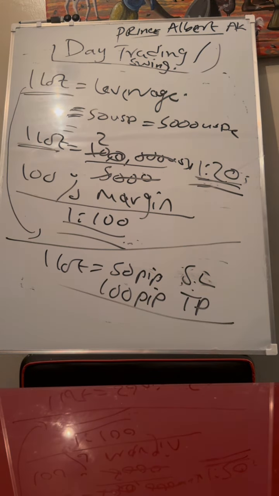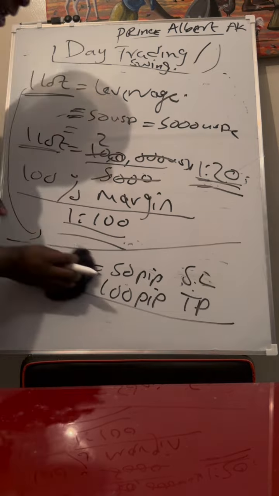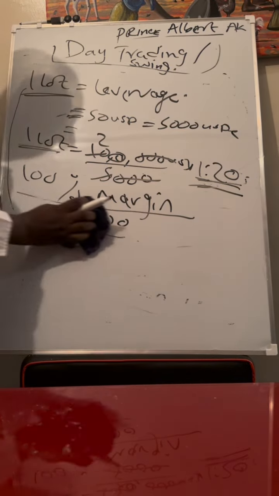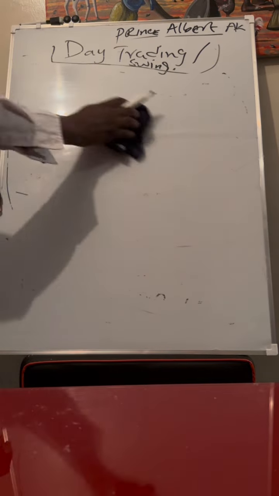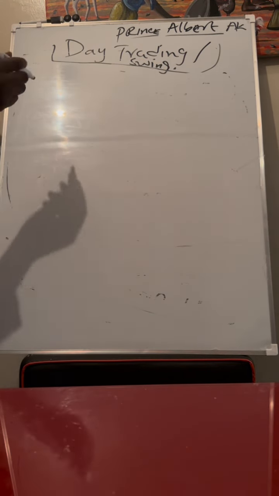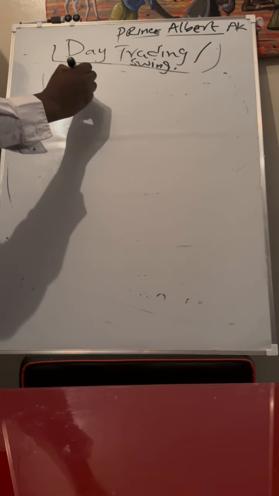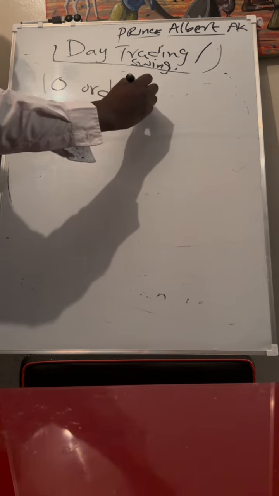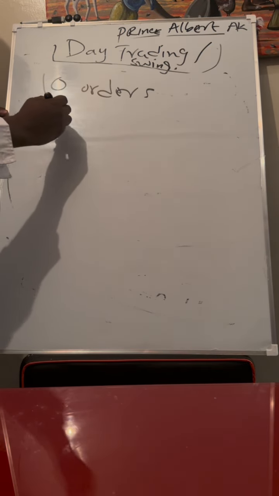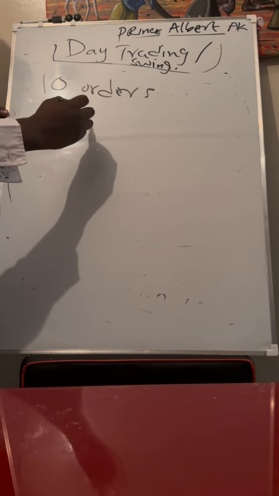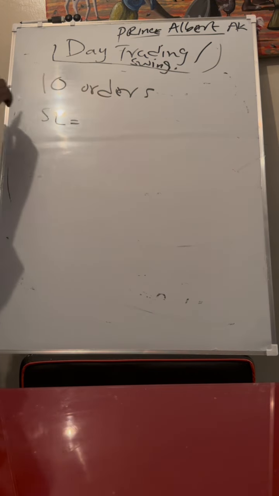If you trade this way, I'm telling you, you don't even need to keep on analyzing the market. You just look at the market and go your way. But how many orders can you make when you're doing such? So here we are looking at, in every 10 orders, at least make a stop loss. At least stop loss, let's put at the worst.